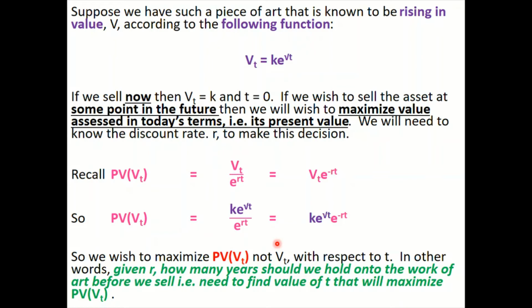So if we want to compare the value of this asset, then we need to bring all these future values back to the present point in time, i.e. work with the present value so that it is easy to make a comparison and thereby work out the best time at which to sell the asset.